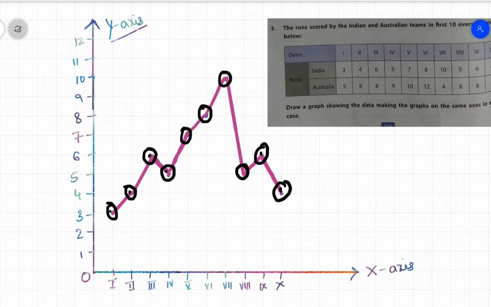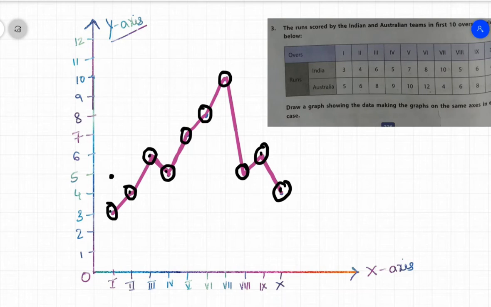In the same way, now we shall plot the points of Australia. See, for Australia, first over 5 runs. So first over 5 runs, the point comes at this place. This is the first point here. Now what is the second point? Second over 6 runs.